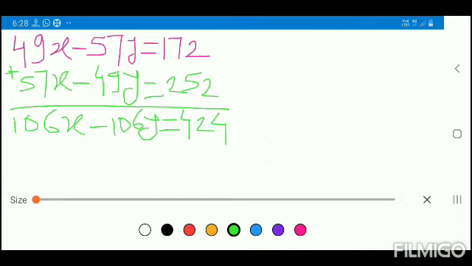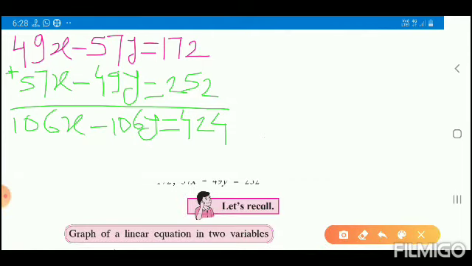Is it correct? Now we will see when we will subtract this, just subtraction's answer I will write here. When we will subtract this, then these signs will change. This will become minus, this will become plus, and it will become minus. So you will get the equation, or you can subtract these.